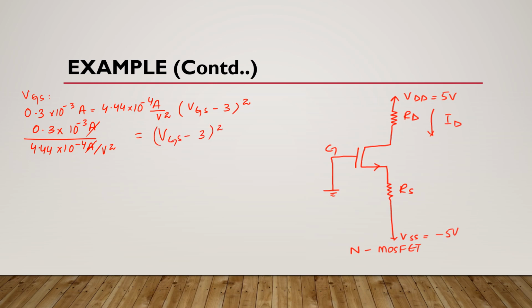Okay, now we take square root on both sides. We have this. Here after solving this, you will get 0.675 volt square, and here we have VGS minus 3. Now if we solve this, we get 0.82 volts, and here we have gate to source voltage minus 3.